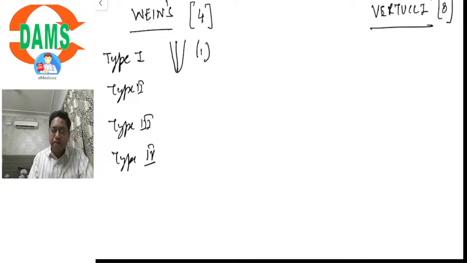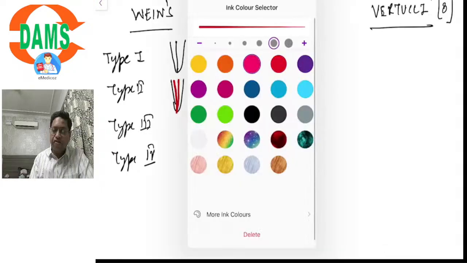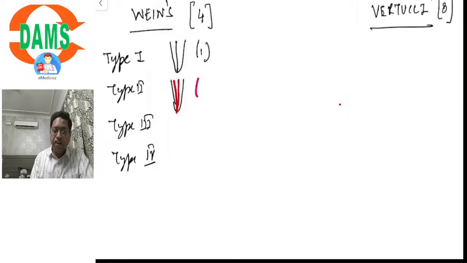Type 2 is a configuration where there would be two orifices, two canals emerging and converging into one. That is called a 2-1 configuration. Weine type 3 is a two canal configuration.